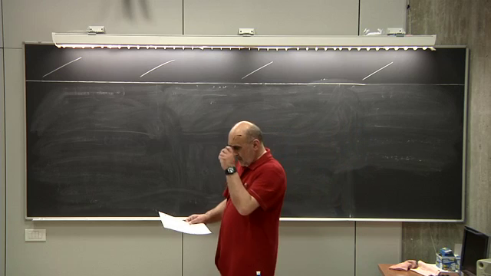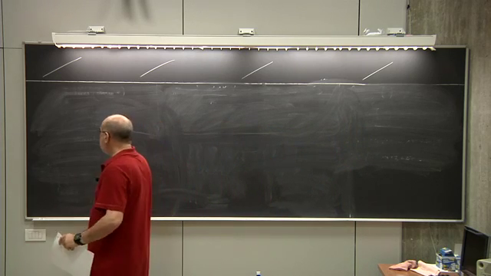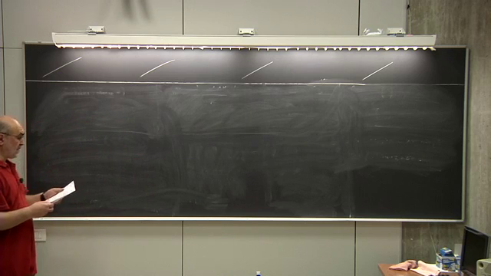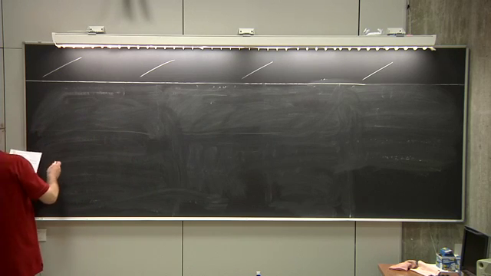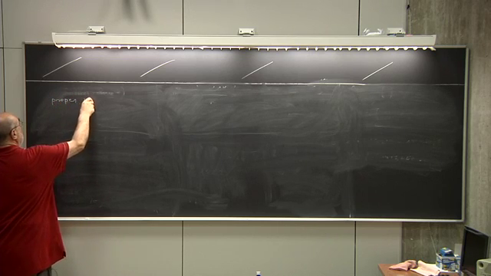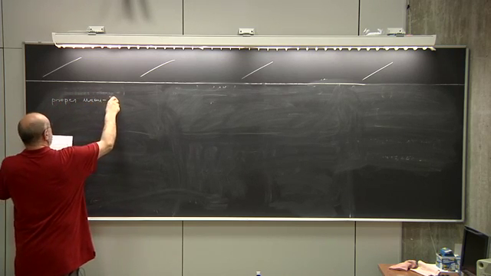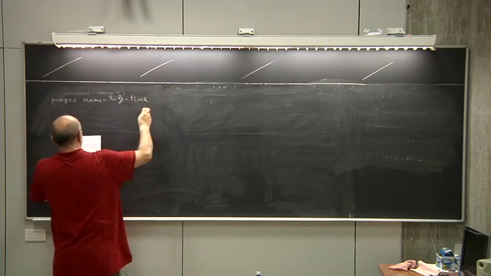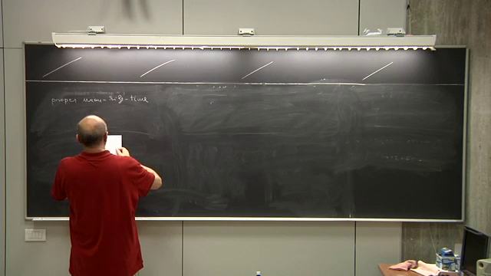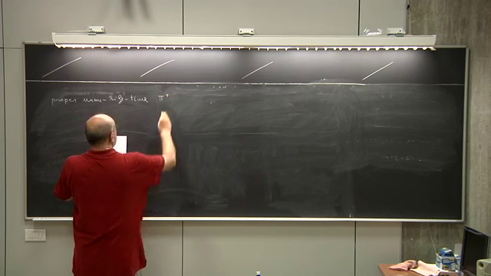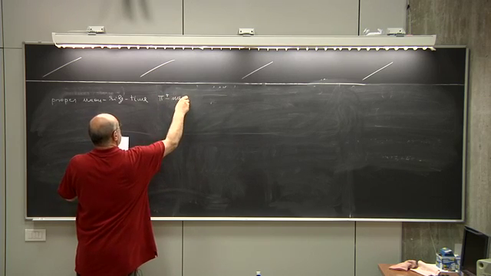Okay, let's do some simple problems now. The problems are all about proper time and so on. The first problem is the proper mean lifetime of a particle. For example, let's take pi plus mesons.